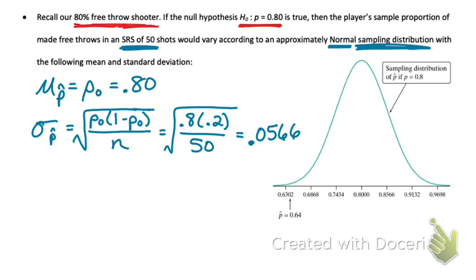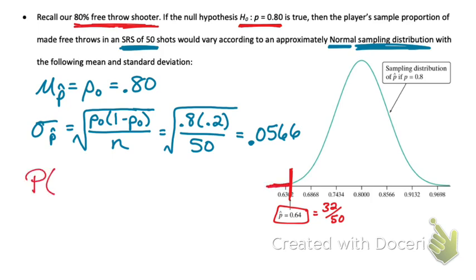He actually hit 0.64. Remember, it was 32 out of 50. That was his particular p-hat. So here's what I can do, guys. I can find the probability that he hits 64% or less.